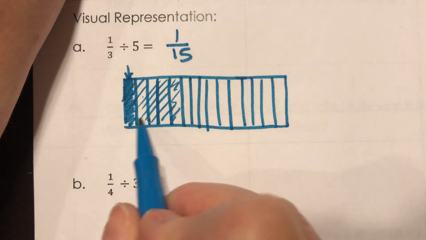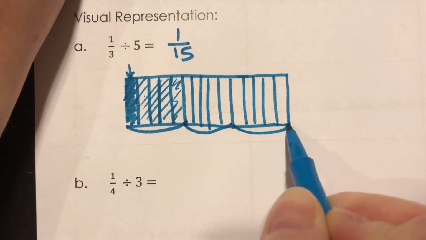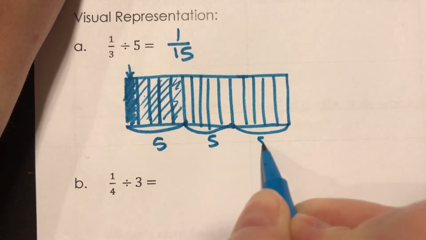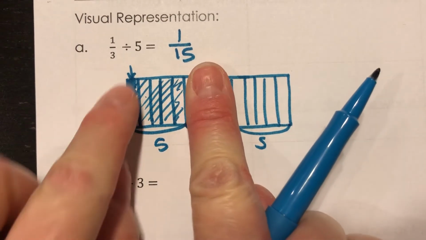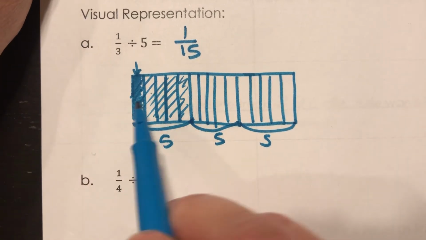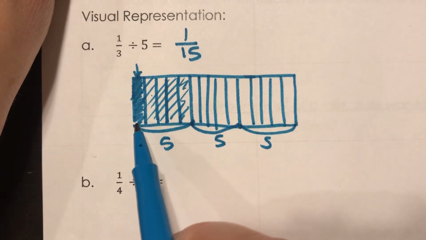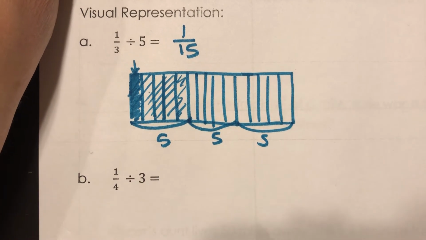Maybe you looked at this as 1, 2, 3, 4, 5 here, and then you're like, okay, well then this is another 5 and this is another 5. So 5, 5, 5, 1/15. So 1/3 divided by 5 is 1/15, because if I split 1/3 of a breadstick between 5 people, each person would get that little teeny tiny amount, but it's out of 15 because the whole is broken up into 15.